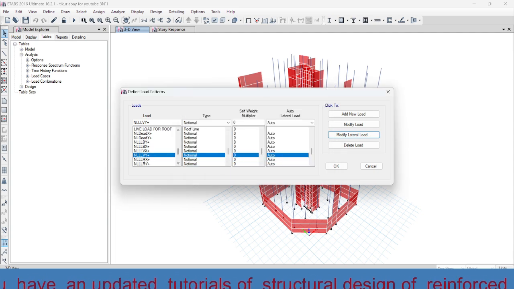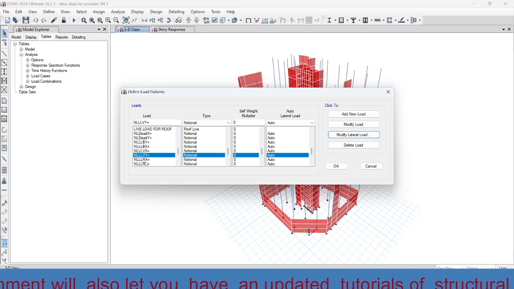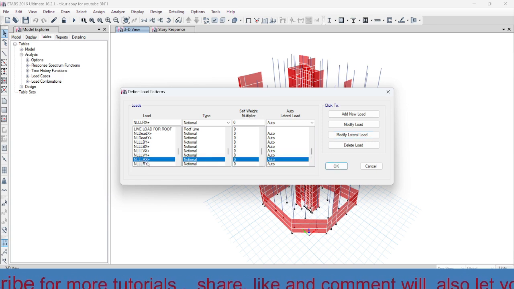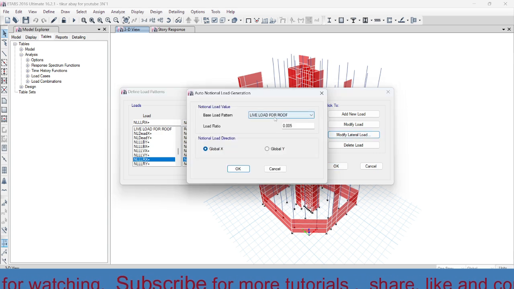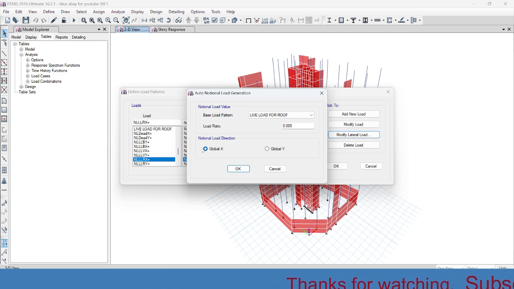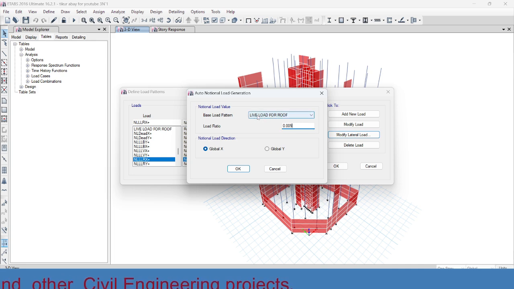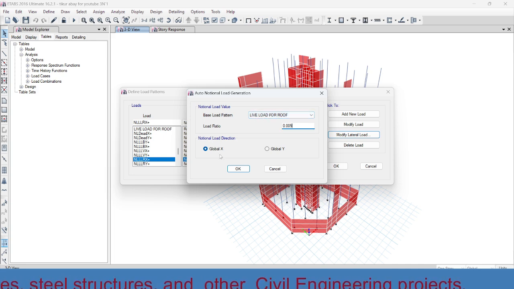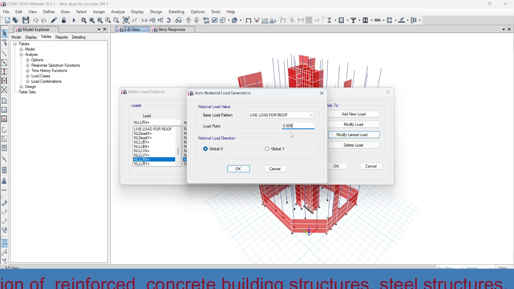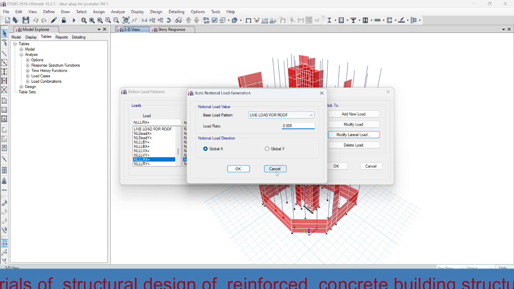And similarly for the notional load for roof live load. Here the notional load along x direction due to the roof live load is 5% of the live load applied at the roof. So it will provide the notional load along x direction with reference to what? The live load for roof.